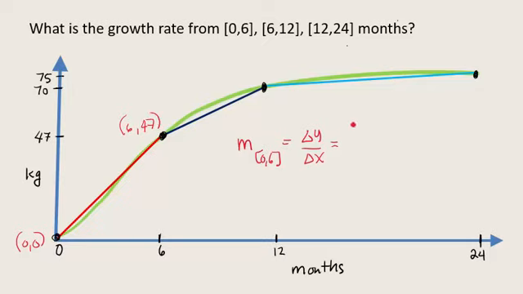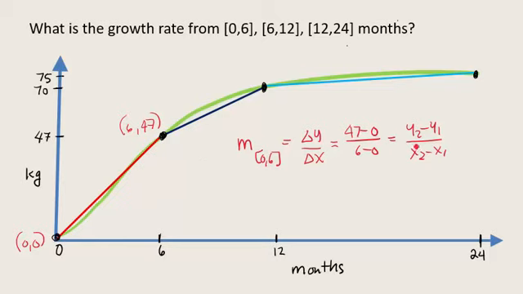Right, so now we're going to do 47 minus 0 divided by 6 minus 0. Because if you recall, it's y2 minus y1 over x2 minus x1, if you designate this as your x1, y1 and this as your x2, y2.